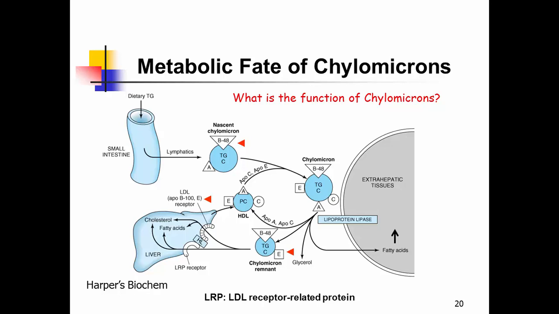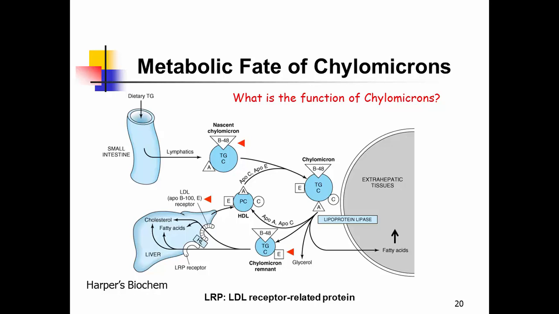Once it's released into the circulation, chylomicron then receives other types of apoproteins, for example ApoC and ApoE, from HDL, and then becomes the mature chylomicron. Again, ApoC2 is important for LPL hydrolysis of the triglyceride.